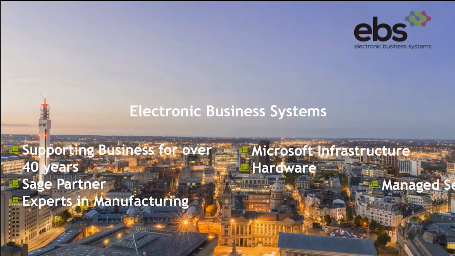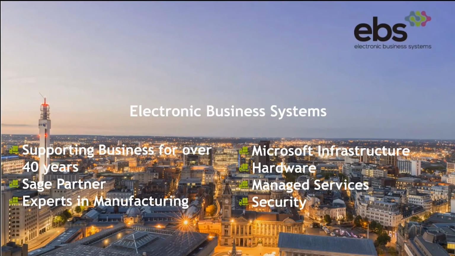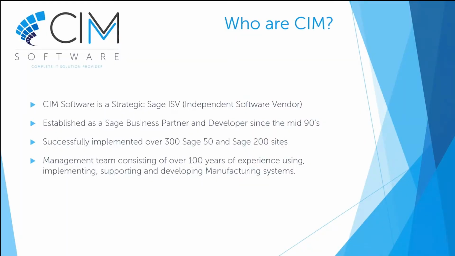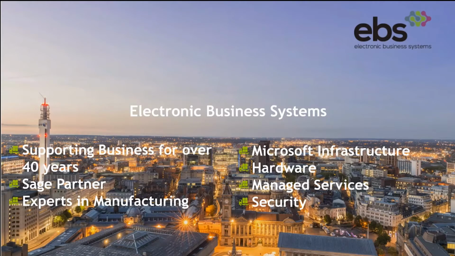Yeah, I won't take much time on this section, but just to give you a little bit of background about electronic business systems, or EBS. We're based in Birmingham and have been for over 40 years, which is quite a long time for an IT company.